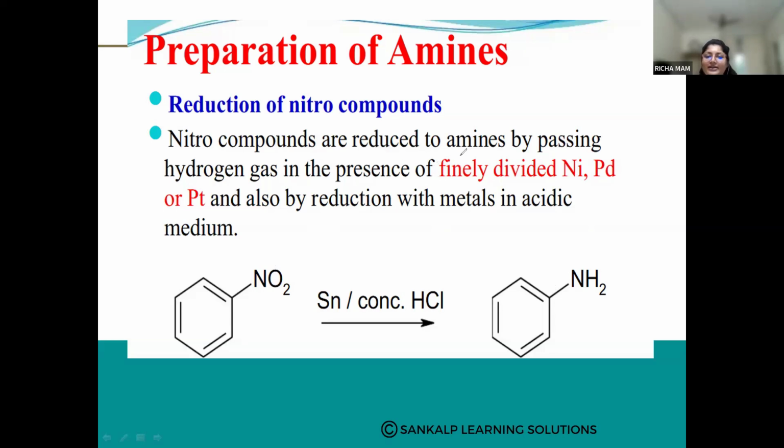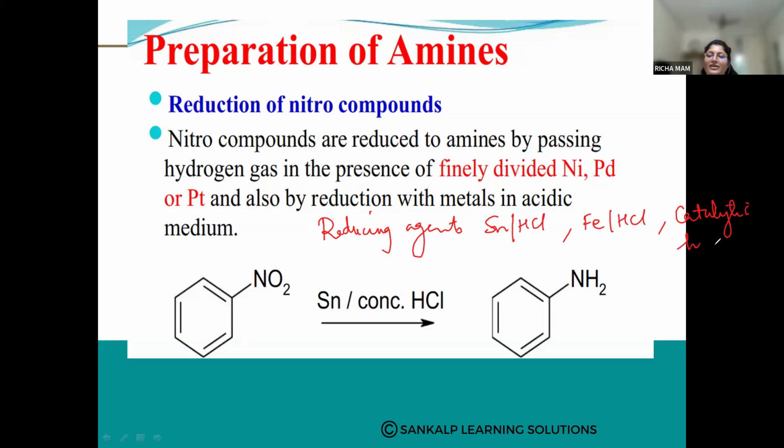Nitro compounds are directly reduced to amines by using various reducing agents like tin and HCl, Fe and HCl, or catalytic hydrogenation with hydrogen over nickel, platinum, or palladium. These are the different reducing agents you can use.